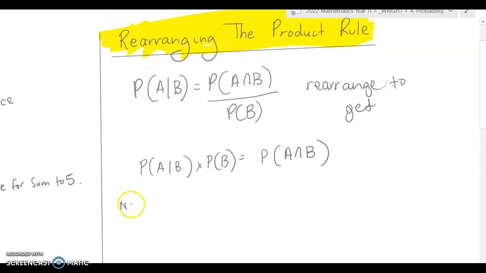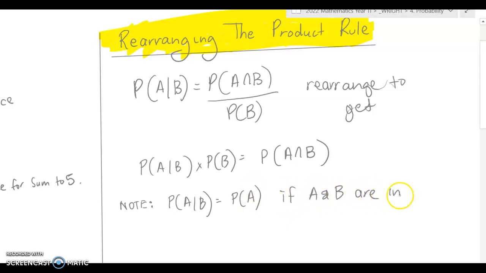Okay, let's have a think about what else that is telling us. Remember from the last question, we know that the probability of A given B equals the probability of A if A and B are independent events, so when they have nothing that relies on the other.